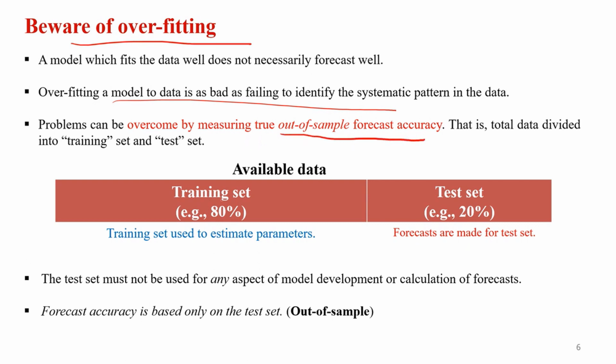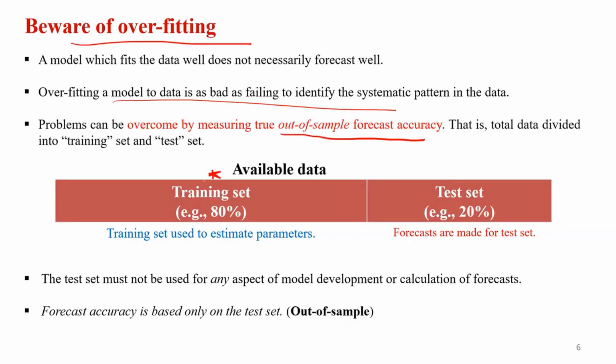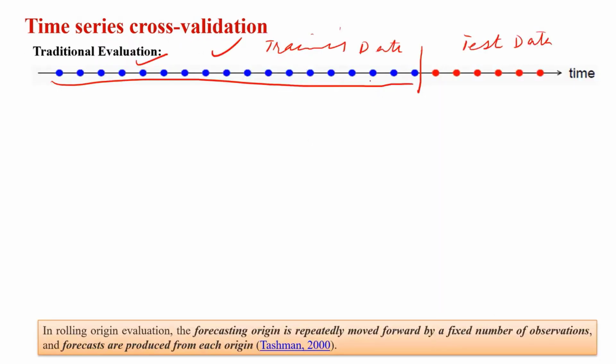Out of sample means we use the training data, that is this one, for fitting the model, or estimating the model parameters, whereas we test on the out of sample data. As I am showing you over here, we have fitted the model using the blue dots, whereas this data set we have held out in order to test whether this particular forecasting method is doing well or not.